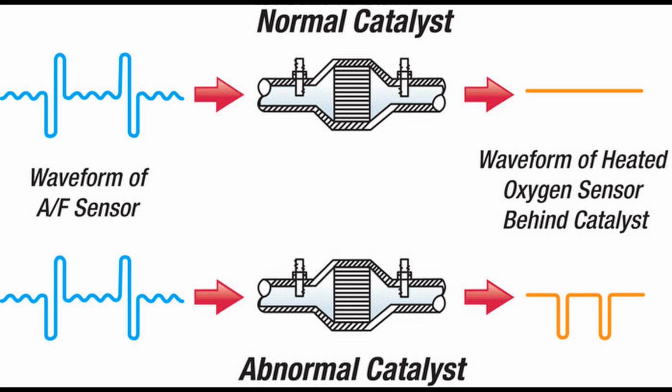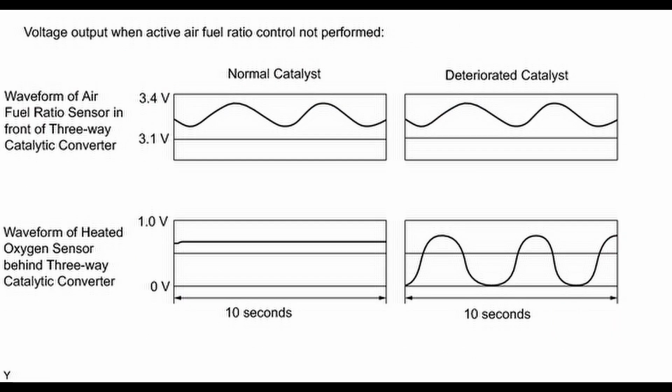And for the rear oxygen sensor, you want to see a steady line, like 0.45, 0.5, 0.6, 0.7, or whatever it may be, somewhat of a steady line on the graph. So a normal catalyst would show the upstream going up and down like waves, swirly lines, and the rear sensor should be a steady line, and that would be a normal function of the catalyst.